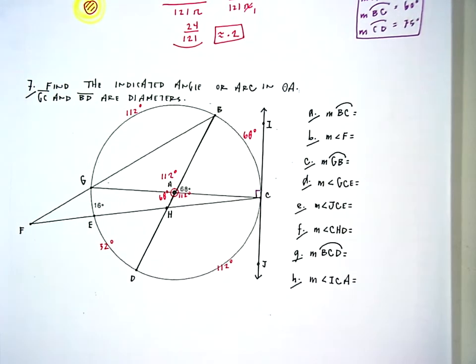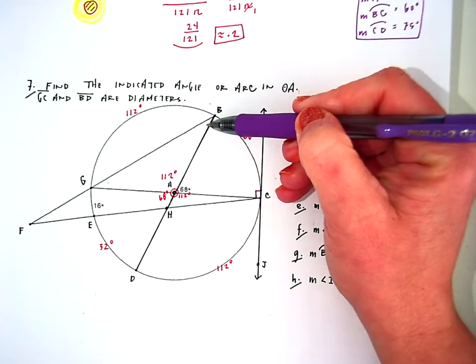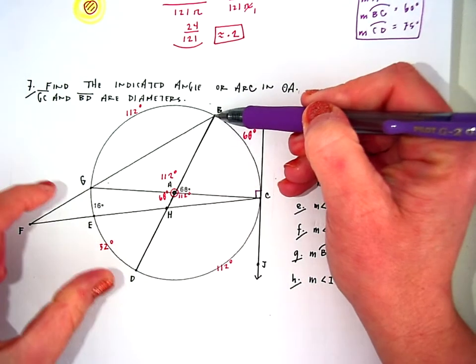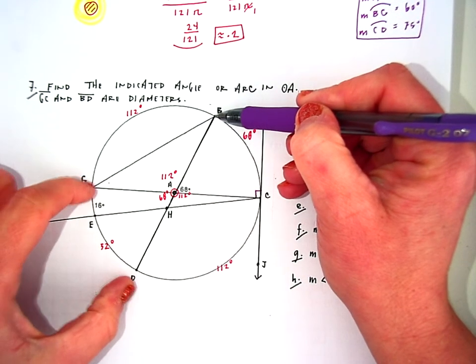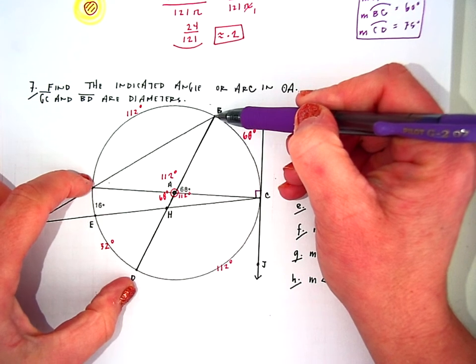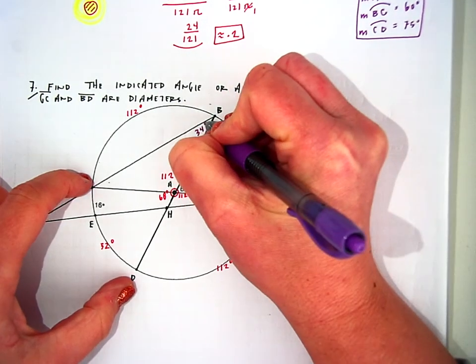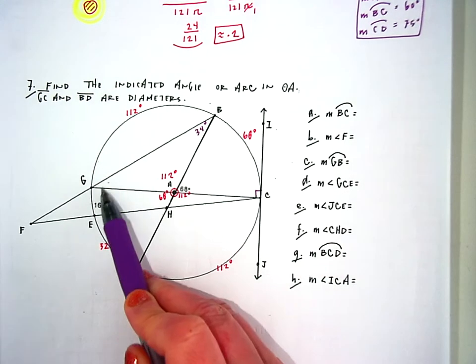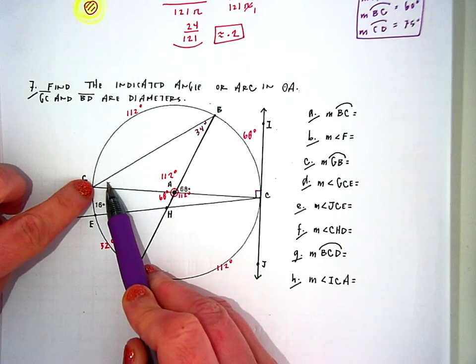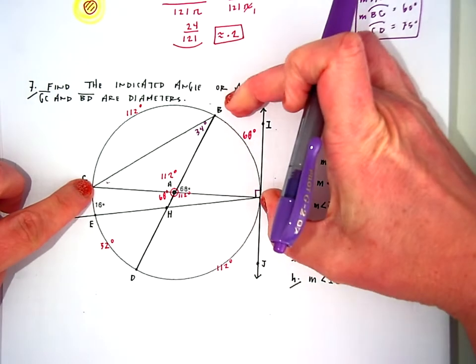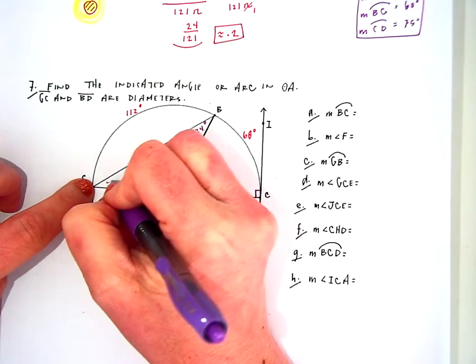Okay, I'm going to move along my circle and look for any inscribed angles. So right here, this inscribed angle would be half of its intercepted arc. So half of 68 is going to get us 34 degrees. As I move over to this one, I'm looking at half of its intercepted arc right here, so also 34 degrees.